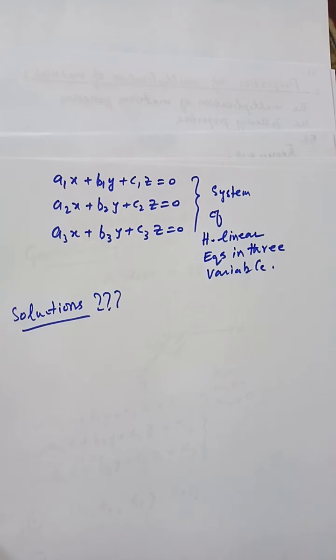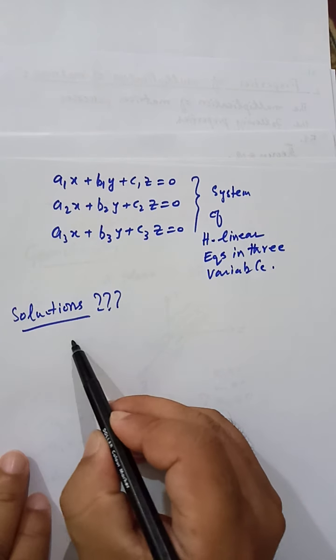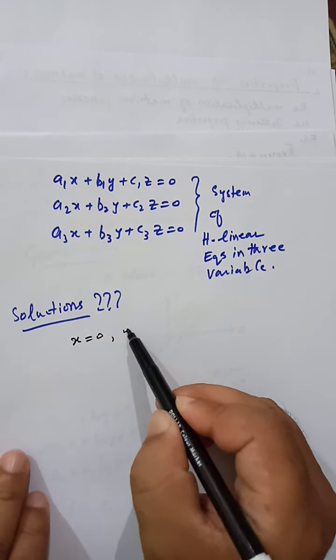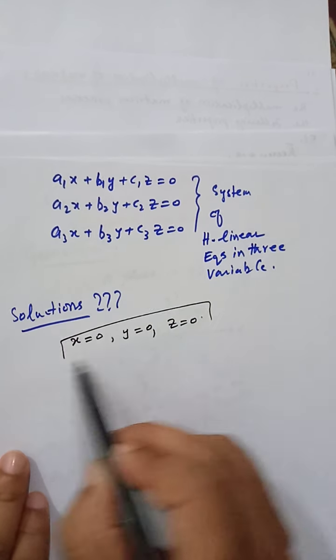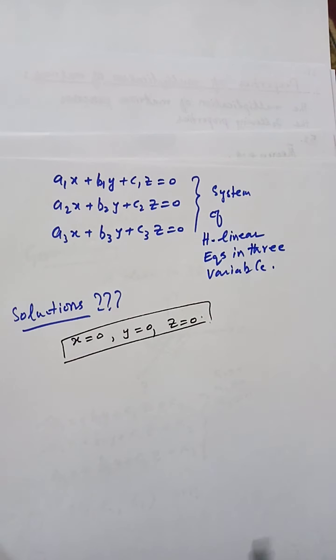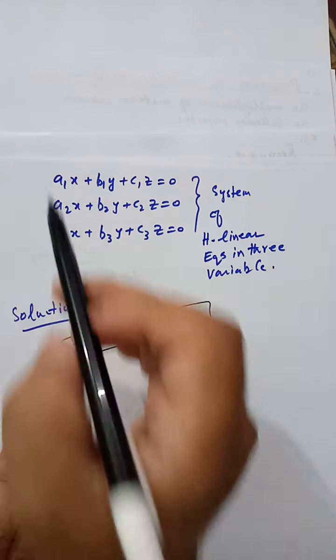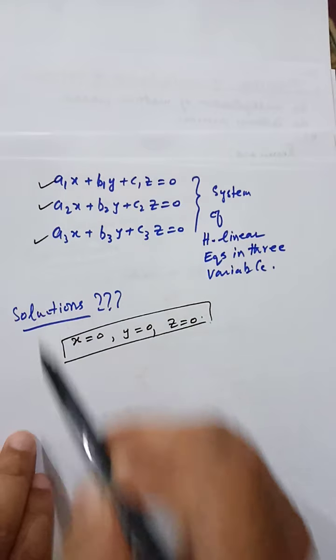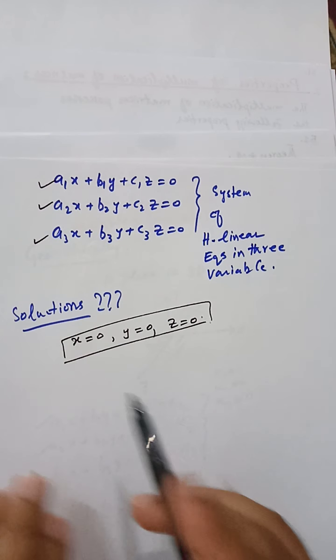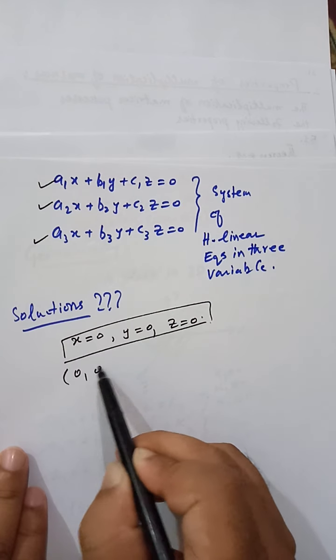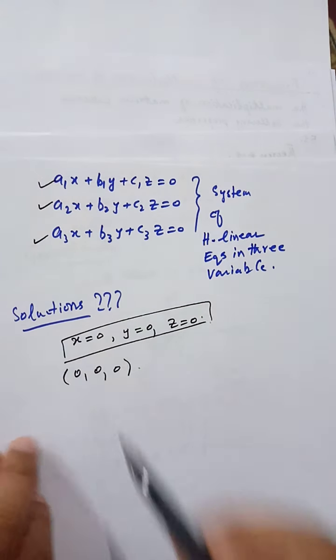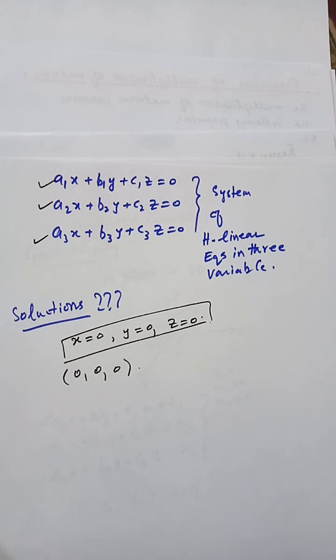So if I substitute x equal to 0, y equal to 0 and z equal to 0, all these equations are satisfied. So the ordered triple (0, 0, 0) is a solution of this system, because for x equal to 0, y equal to 0 and z equal to 0, all three equations are satisfied.